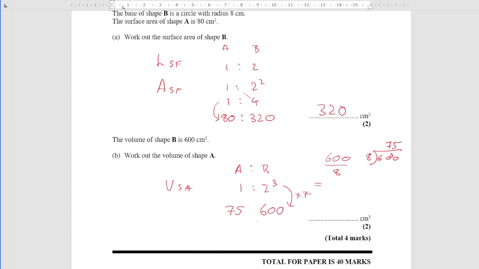So we've times by 75 there. Let's just show it times by 75 there. So 75 centimetres cubed.